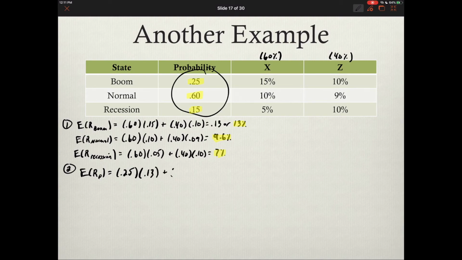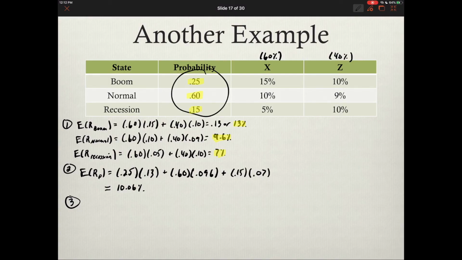We add to that the probability of a normal economy, which was 60%. In that state, the portfolio has a 9.6% return, and we add to that the probability of a recession. In that state, the portfolio has a 7% return, and we get an expected return for the portfolio equal to 10.06%.